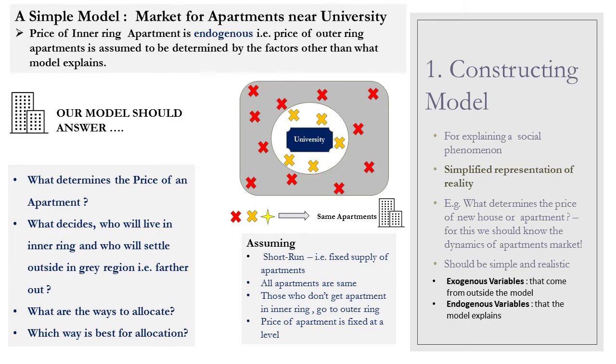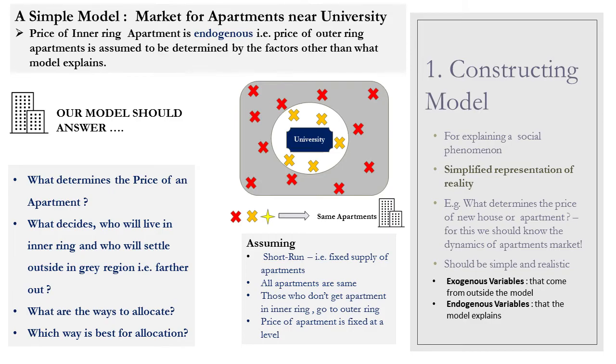Obviously, preference wise, some students might want an apartment near the university premises, and definitely those are going to cost more because they have added advantages, and the ones which are farther away can be cheaper, right? But their price might depend on n number of other factors also.